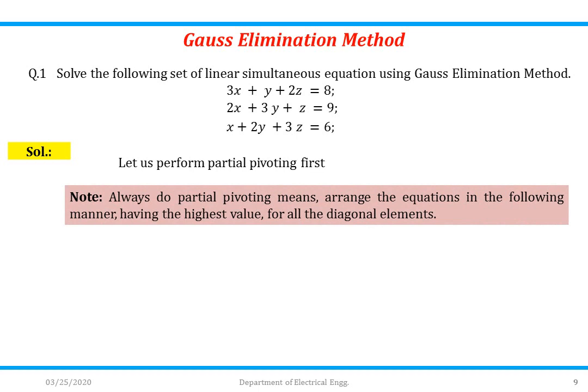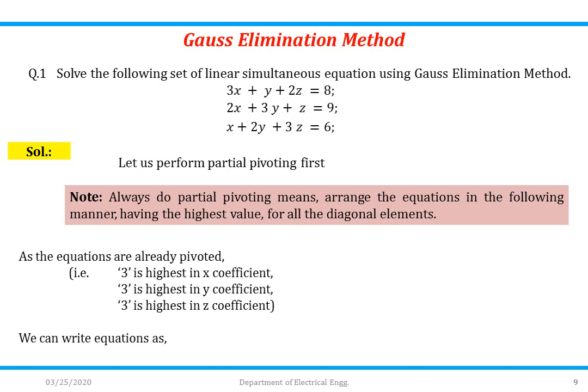Remember that you should always do partial pivoting, which means arranging the equations in such a manner that the diagonal elements have the highest values. As the equations are already pivoted, first check the coefficients of x. Whichever equation has the greater coefficient of x, take that as equation number 1. Here this equation has the greater coefficient of x, that is 3. So this is the first equation.